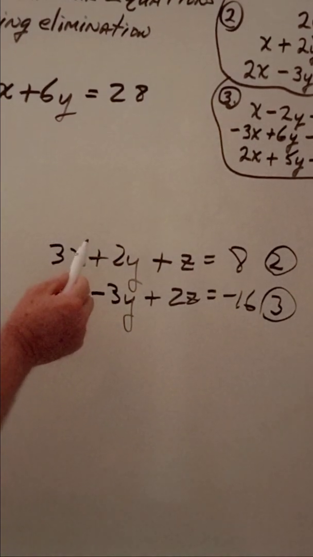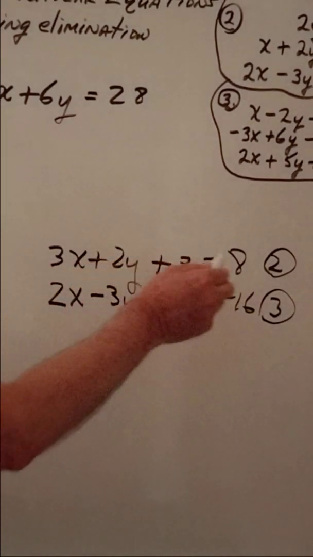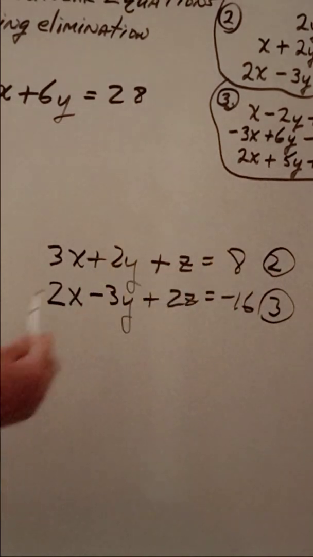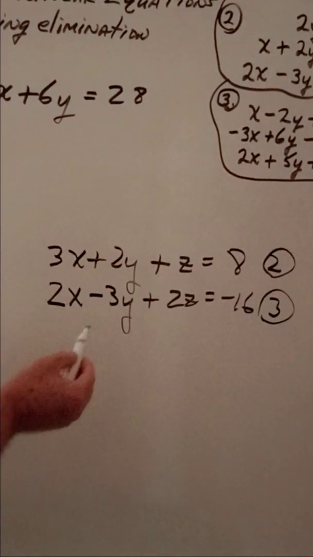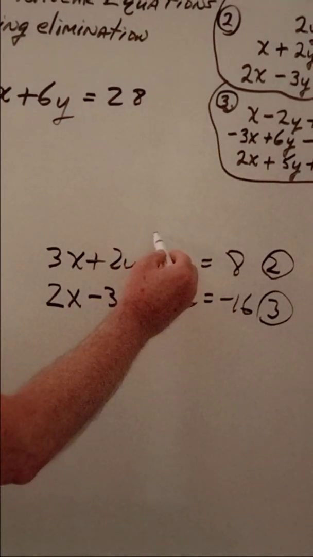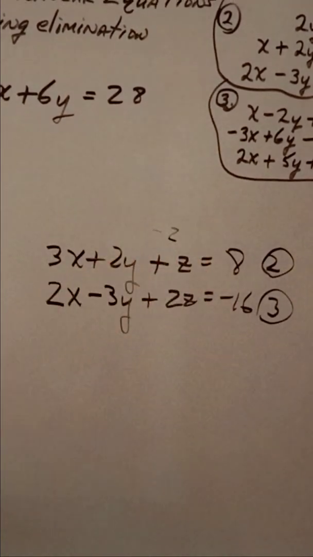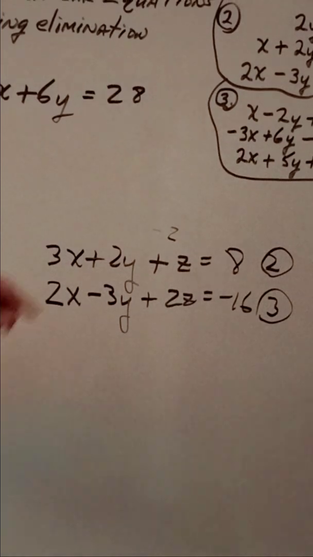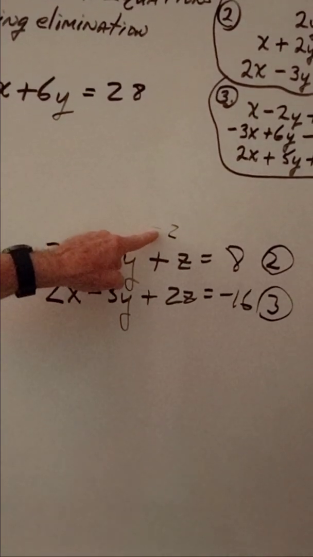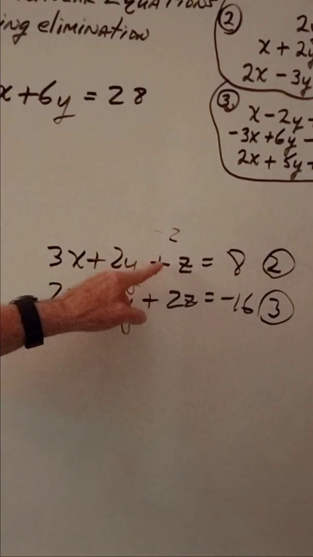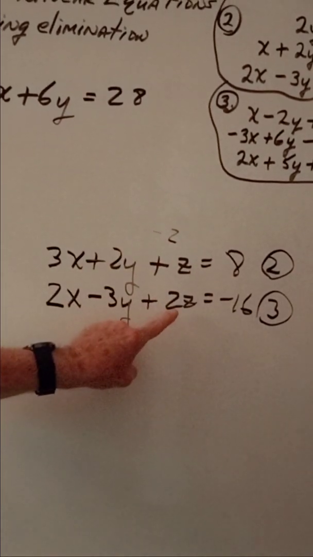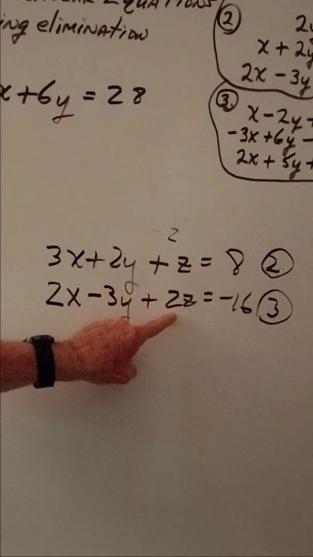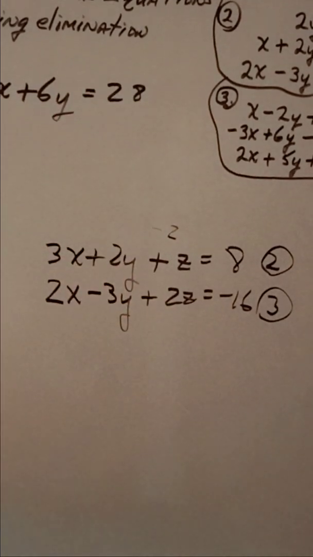If we were to multiply both sides of equation number 2 by a negative 2, let me just put that right there so you can see what I'm talking about. If you multiply negative 2 times this z, that's going to become a negative 2z, which is going to be the opposite of positive 2z, and the z's will go.